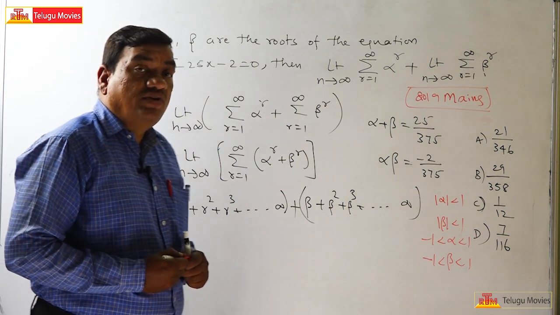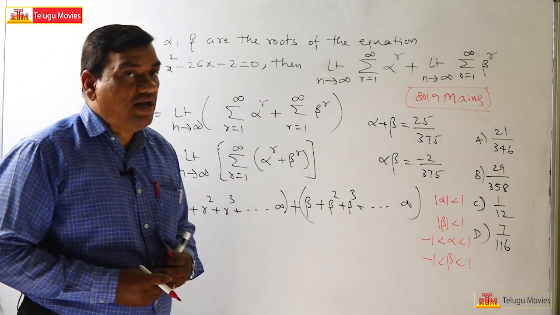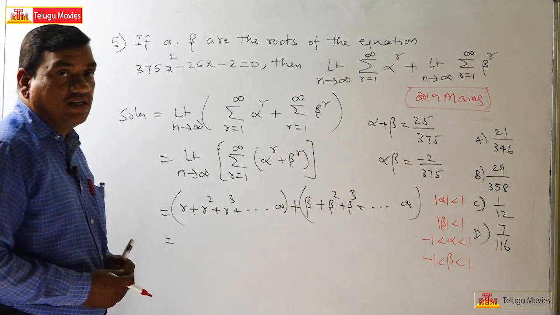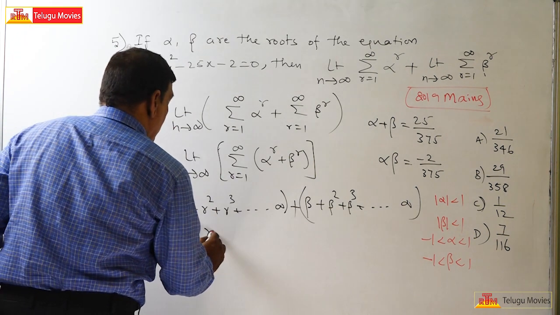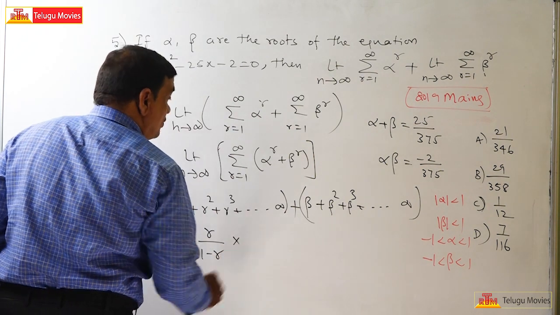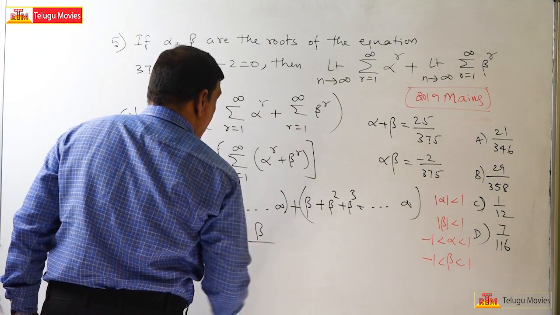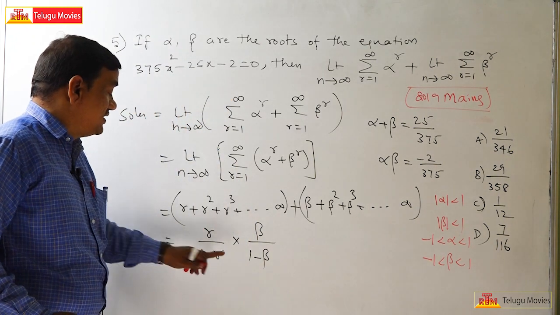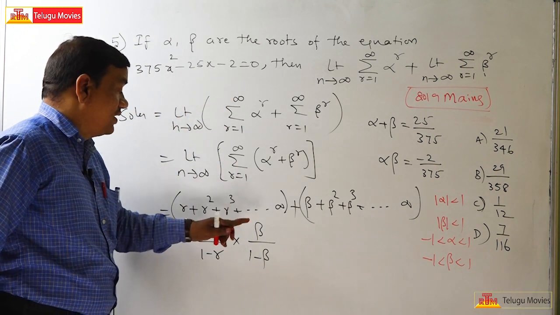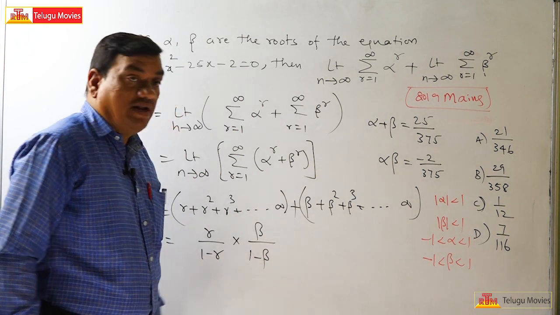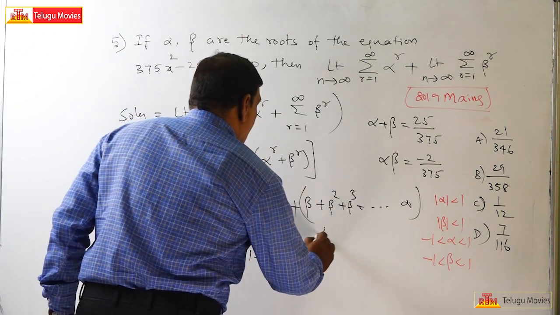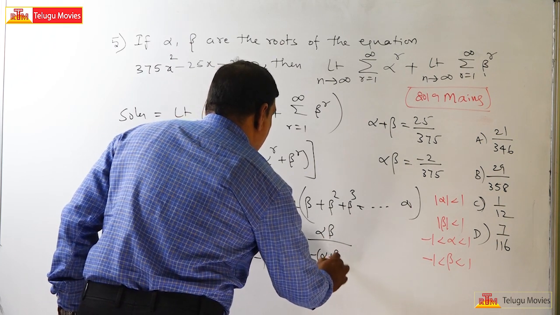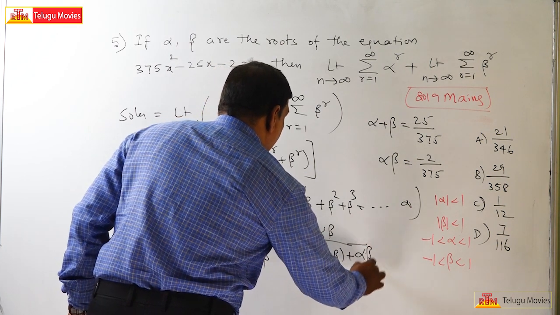So what is the sum to infinity of a geometric progression formula? a by 1 minus r. Here a means your first term, and r means the common ratio. So this is equal to alpha by 1 minus alpha plus beta by 1 minus beta. Multiplying out, this is equal to alpha plus beta minus 2 alpha beta by 1 minus of alpha plus beta plus alpha into beta.